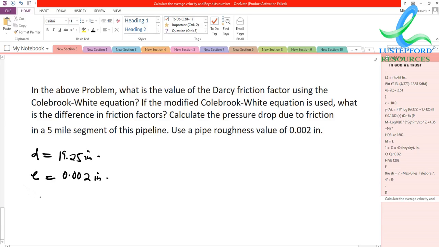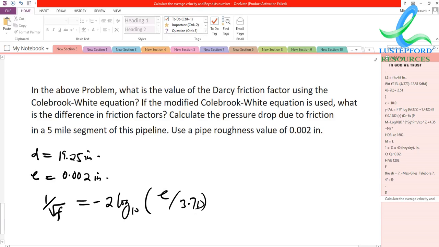And the Colebrook-White equation is 1 all over the square root of f equal to minus 2 log base 10 of (e all over 3.7D plus 2.51 divided by Reynolds number times square root of f).